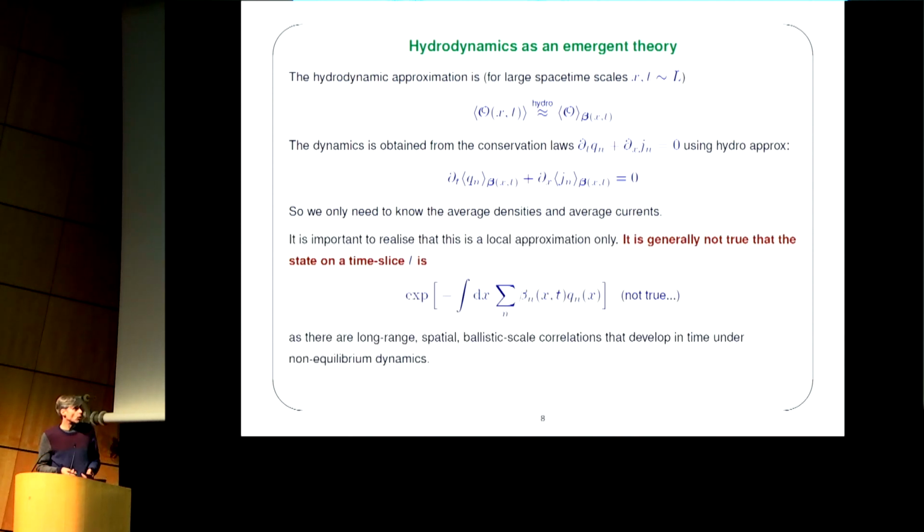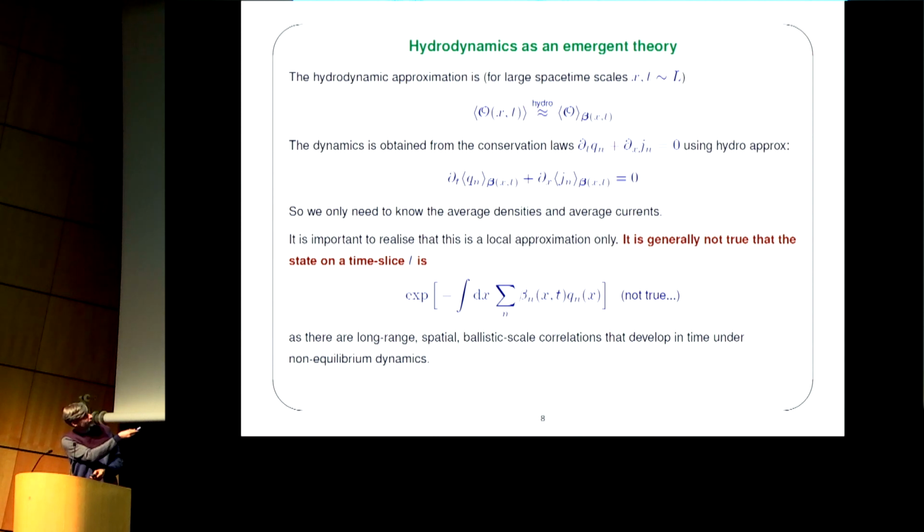Now, one thing to note is that although you made this approximation for local observables, it is in general not true, it is incorrect, that if you start with a state with a slowly varying temperature profile in space, and you let it evolve, it becomes a state with a slowly varying temperature and other generalized temperature profile at a later time.